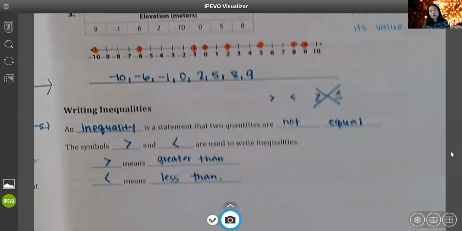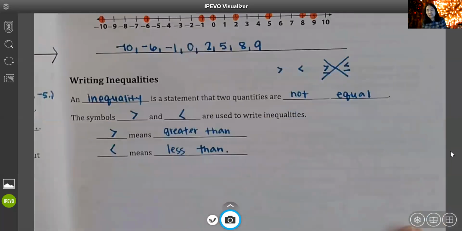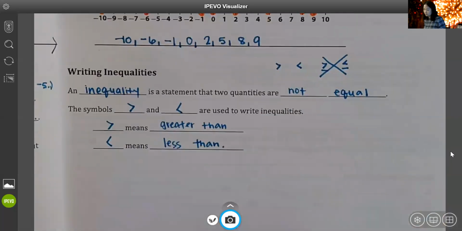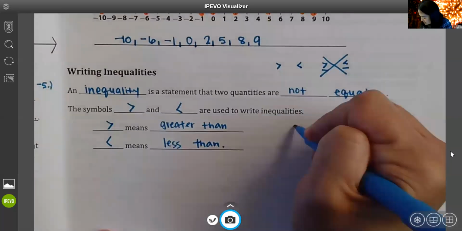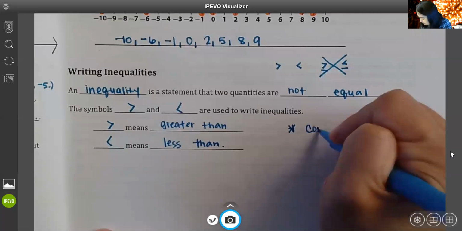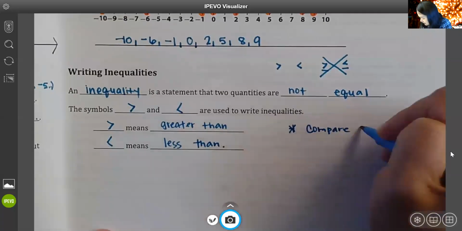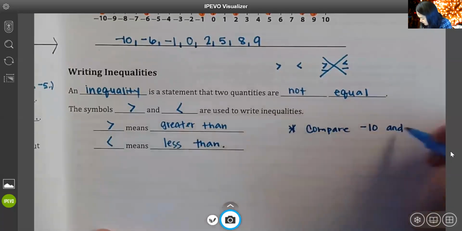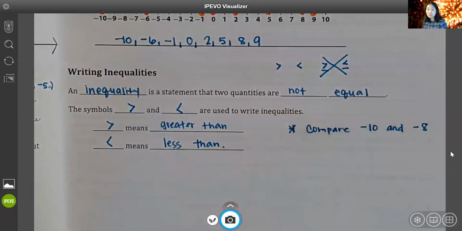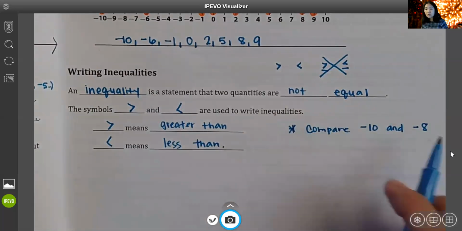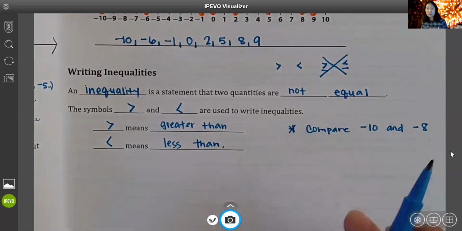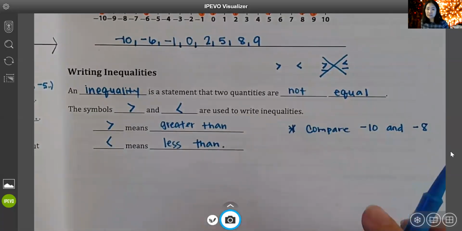Okay, now we're almost done with the lesson. However, I do want to do one example. So can you guys please write this? Compare -10 and -8 using the inequality symbol. So the point I want to make is this: whenever you are comparing 2 numbers, you can write the inequality that has the same meaning in 2 different ways.